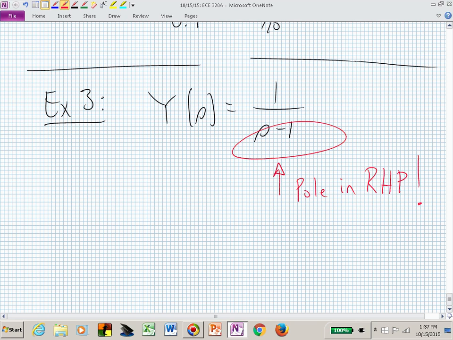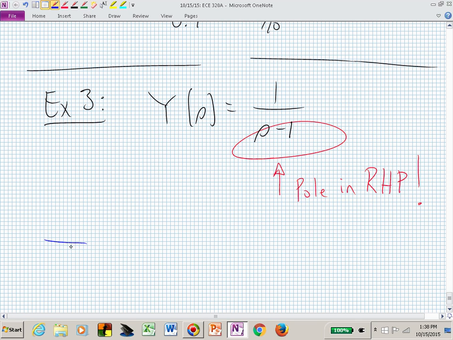Does that mean that we can apply the final value theorem? If we looked at s Y of s, where are the poles of that? They're at 1. What's that look like? If I inverse Laplace transformed this function, you should be able to do that now.